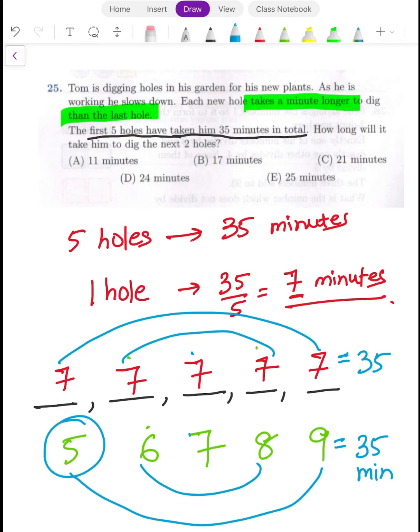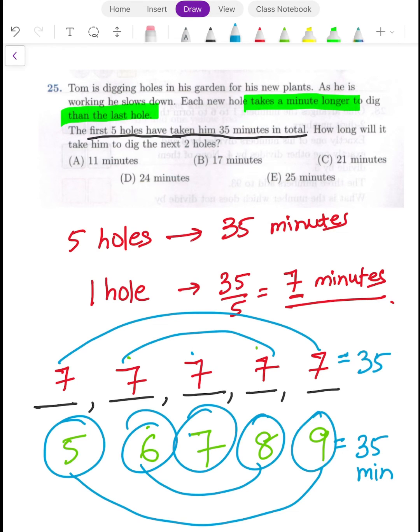So we know he started, the first hole he dug took 5 minutes, then 6 minutes, then 7, then 8 and 9 minutes. Now the question is, how long will it take for him to dig the next 2 holes? Because he's at 9 minutes already, so the next one will take 10 minutes.